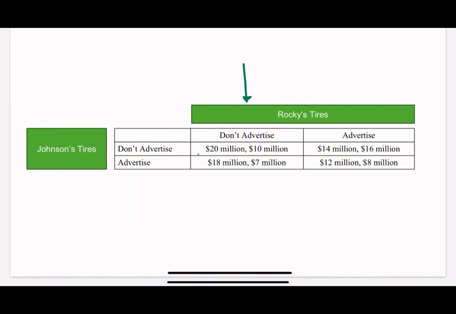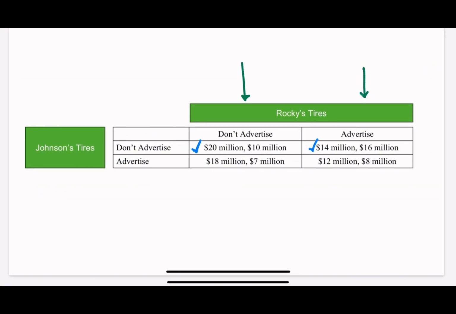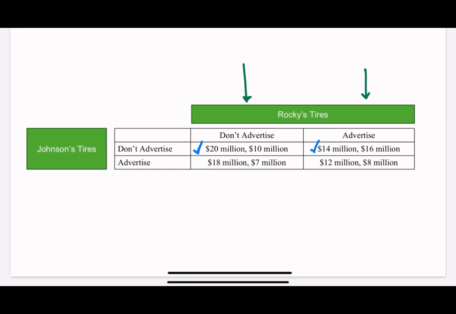Therefore, it'll be in Johnson Tire's best interest not to advertise. And if they assume that Rocky's Tire is going to advertise, again, Johnson's choosing between 14 and 12. And so 14 is greater. So in this case, Johnson will choose not to advertise. So Johnson now has a dominant strategy to not advertise.